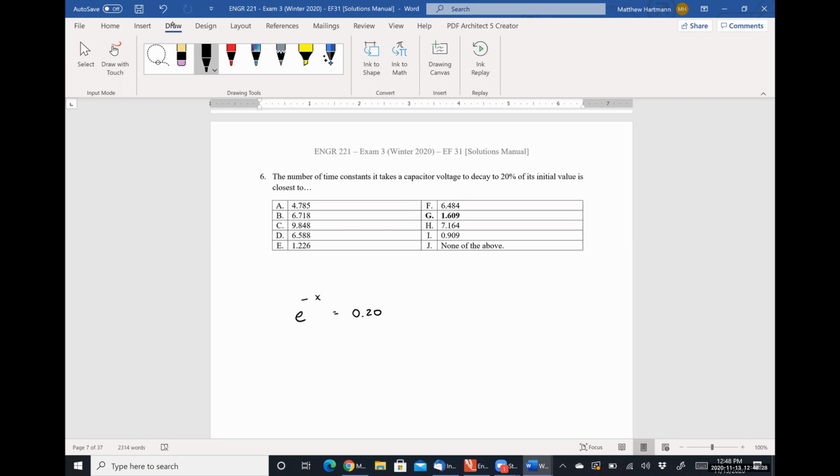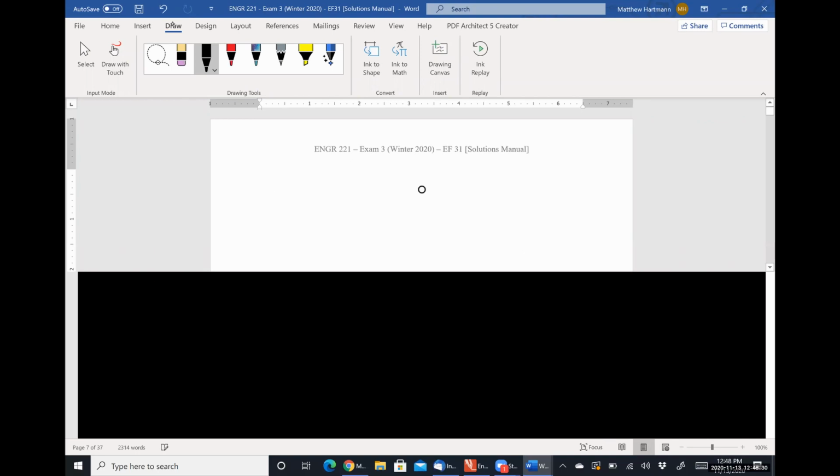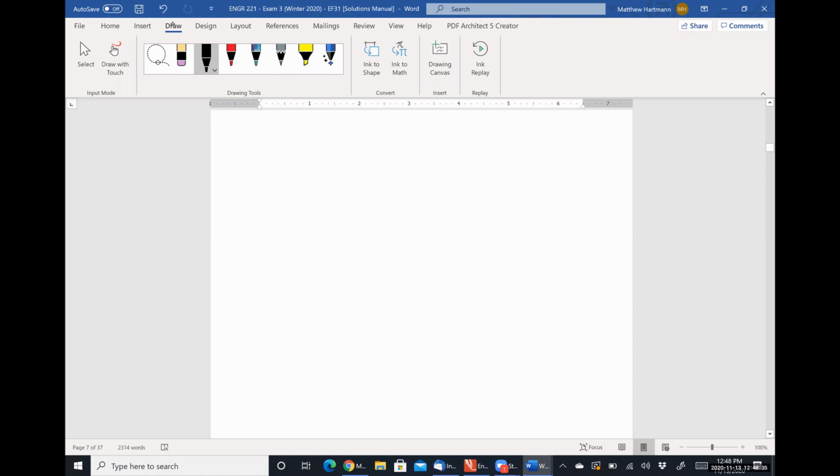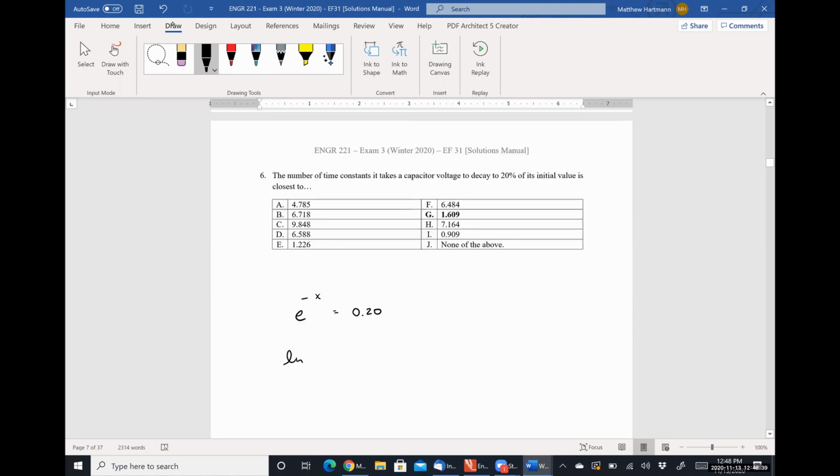If we take the natural log of both sides, this means negative x is the natural log of 0.20. So x is negative natural log of 0.20.